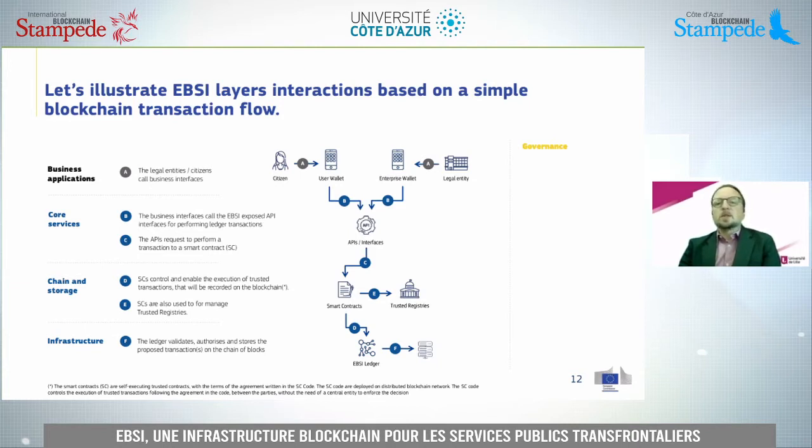It's, for example, where you can check that the key that is signed on a diploma is the key of a university, and this university is allowed by its country to issue diplomas. And so this is checked using the trusted registry in the infrastructure of EBSI. And then you have the ledger and the blockchain itself that stores the information.